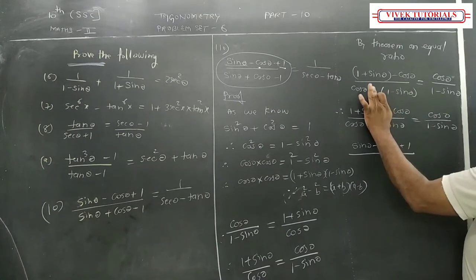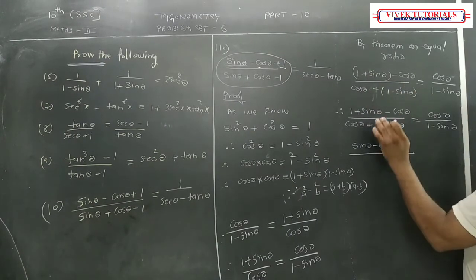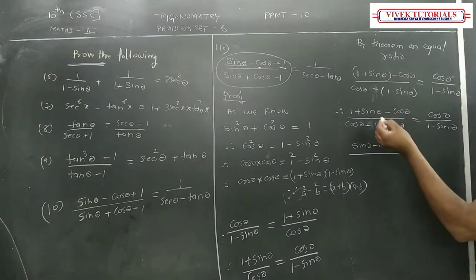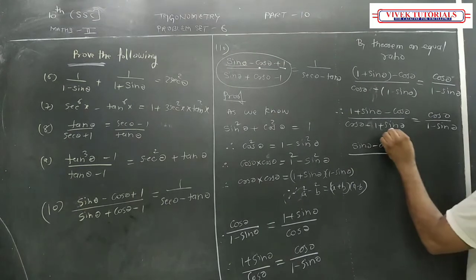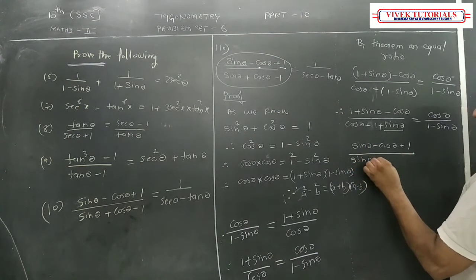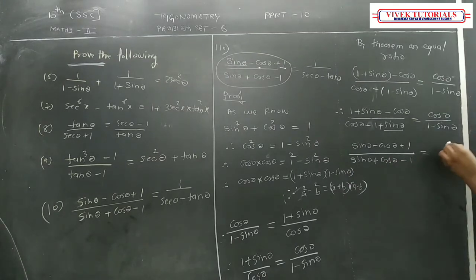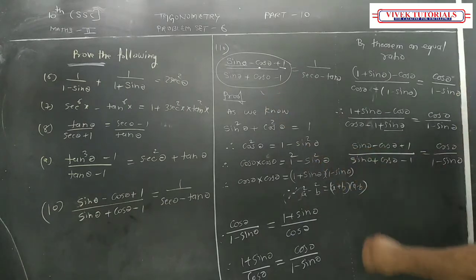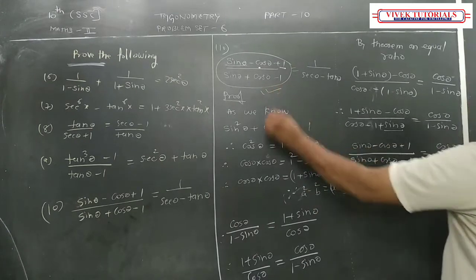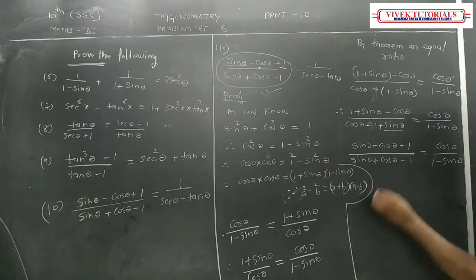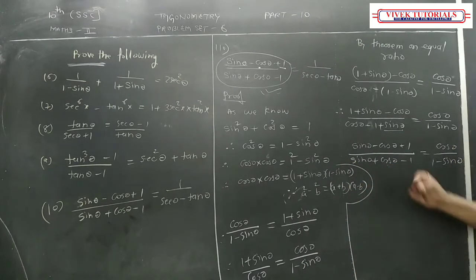I think I have made a mistake over here. It must be minus, so this will become minus and this will become plus. If I rearrange it, this becomes sin theta plus cos theta minus 1 is equal to cos theta upon 1 minus sin theta. So we got this part, but the right side we have to convert into this form.